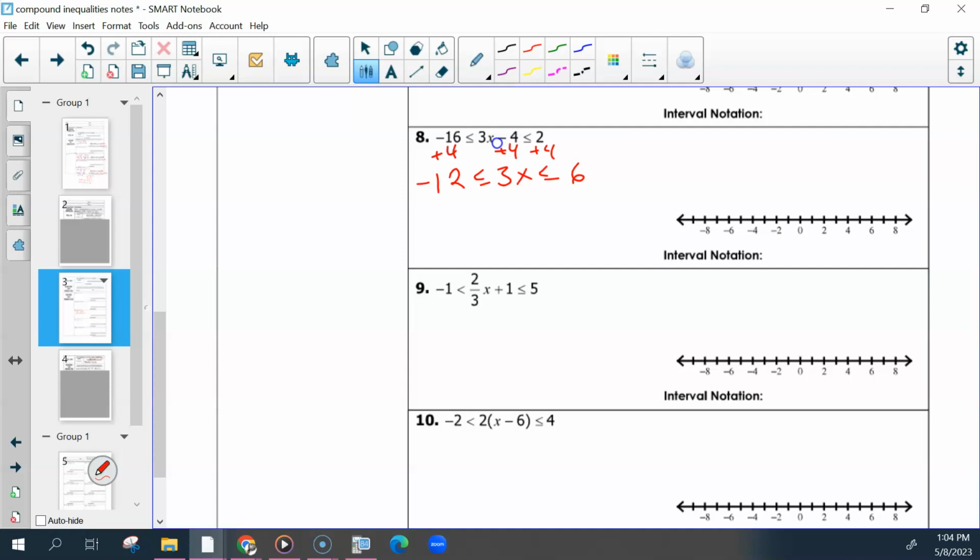And divide by 3 to everything. So you have 2 closed circles at -4 and at 2.